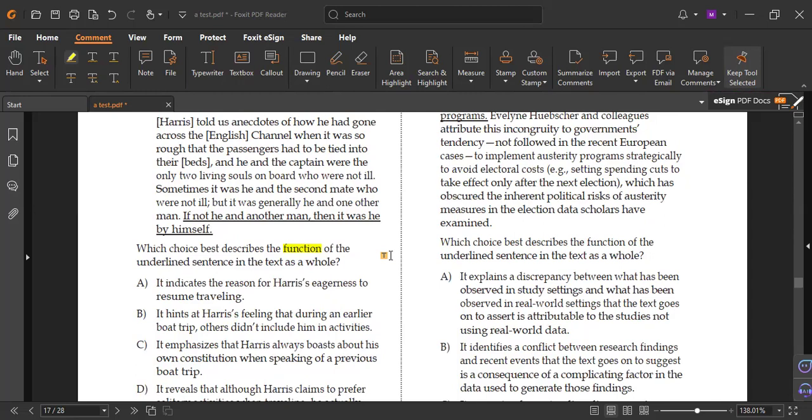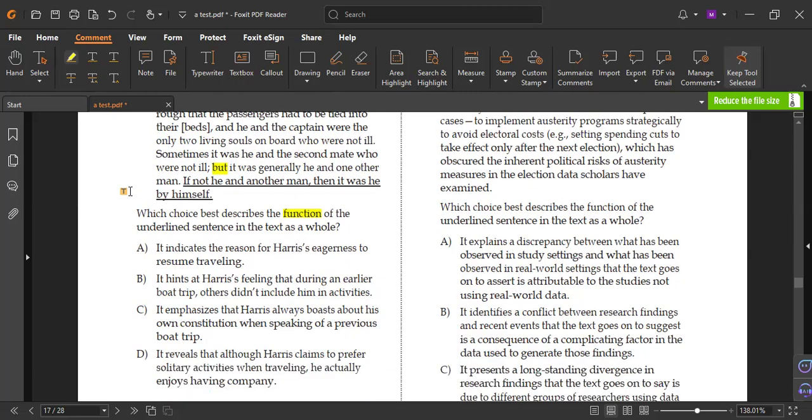The underlined part in the question, that's the claim, right? It can be the claim, but it's not. He said sometimes it was he and the second mate who were not ill, but it was generally he and one other man. And then we have the hypothesis: if not he and another man, then it was he by himself.